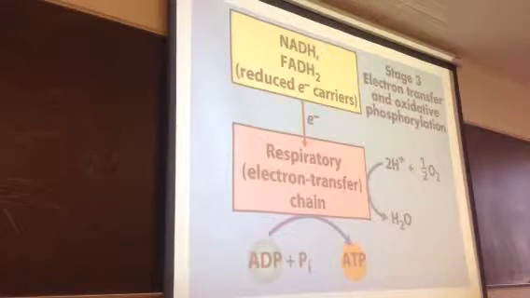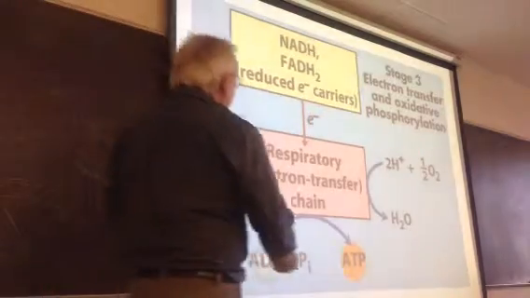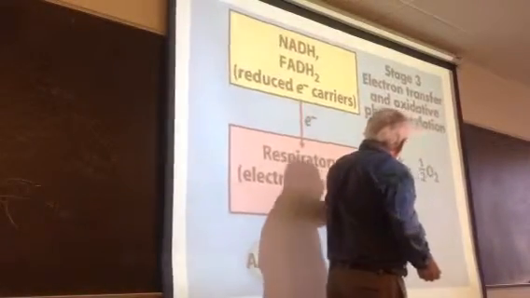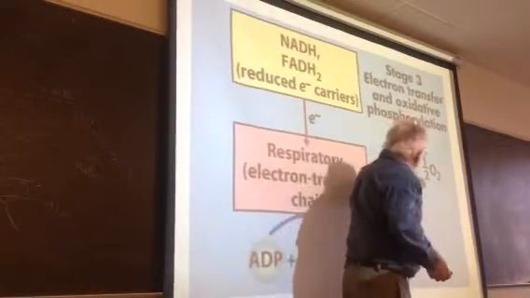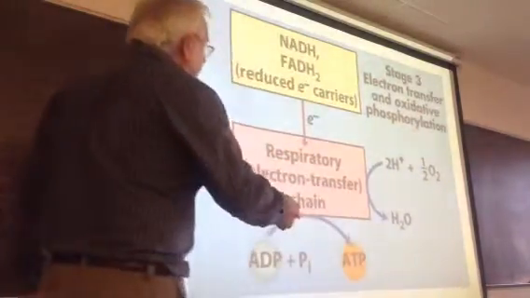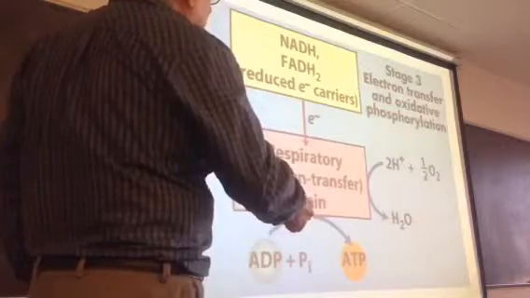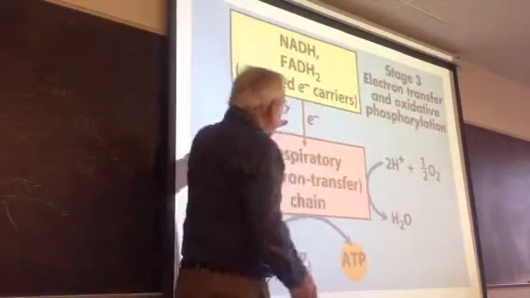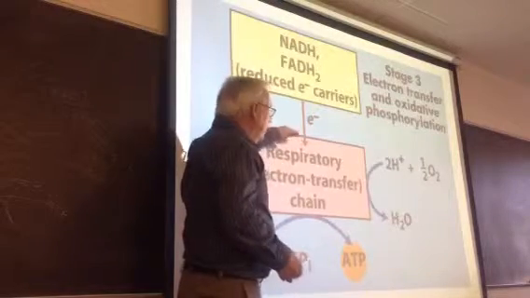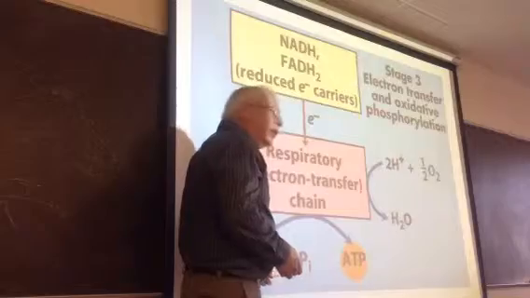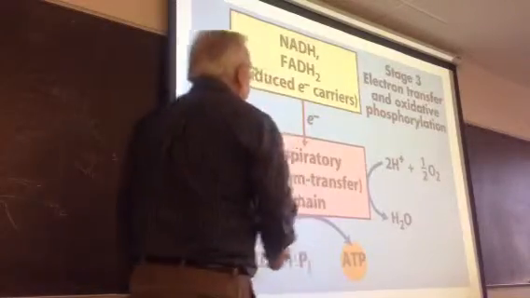They funnel those electrons to oxygen, with the electrons reducing the oxygen, the molecular oxygen gets reduced to water. This is energetically downhill, this flow of electrons. So much downhill that you can generate lots of ATP from the process.